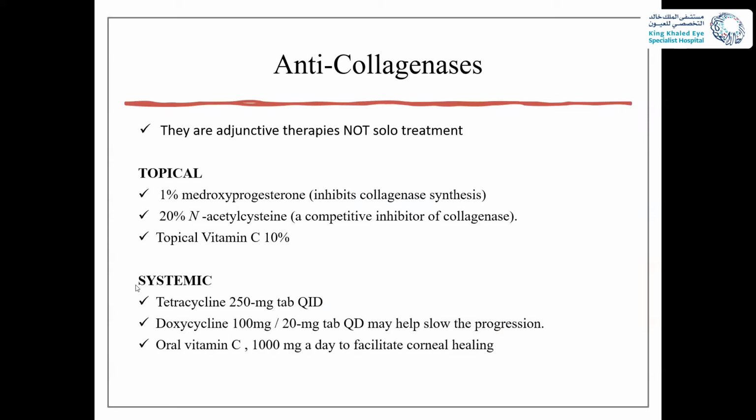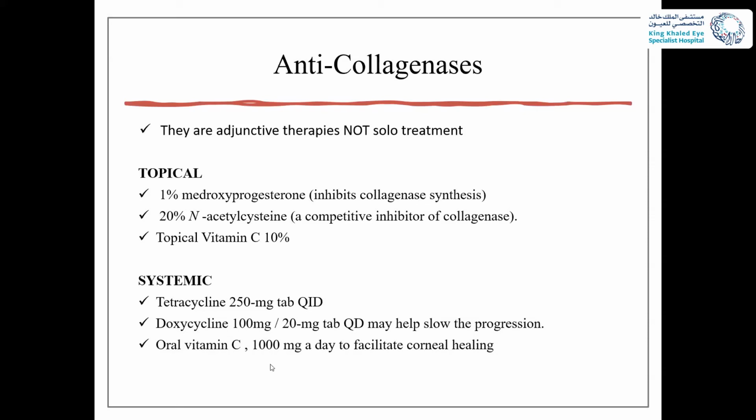We can use a systemic anticollagenase like tetracycline, but it has been denied because of its side effects. Doxycycline, the commercially available one, is at the antibiotic dosage, which is 100 milligram. However, we have a commercially available low dose of 20 milligram that is sufficient to inhibit the collagenase and doesn't have an antibiotic antimicrobial action.